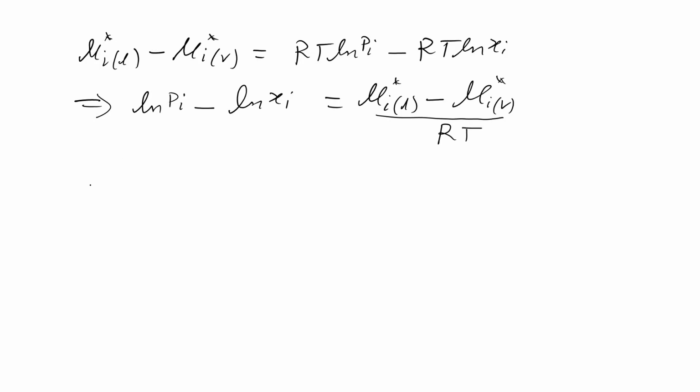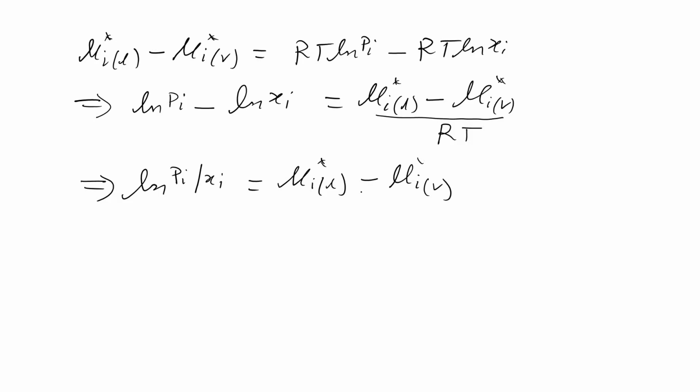Okay. So here I can write ln Pi by xi, that is equal to mu I L standard condition minus mu I V standard condition divided by RT. And what can I write?